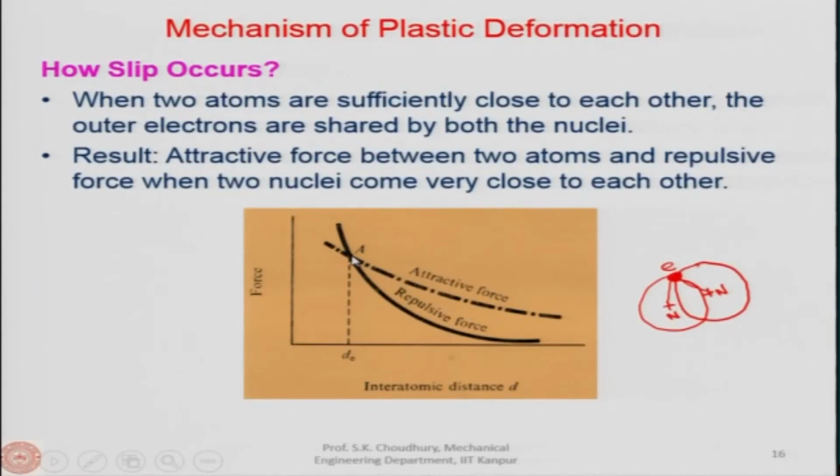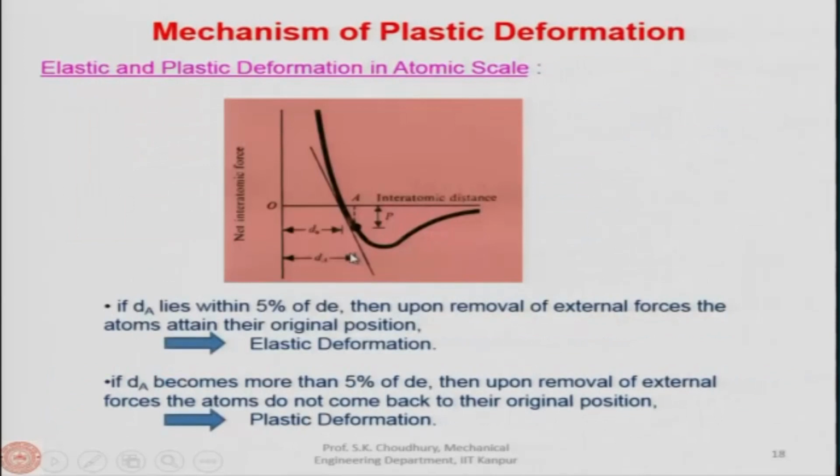The tangent will intersect here, as shown, and this is the 0 point. 0 point means at this point the attractive force and the repulsive force magnitudes will be the same. Therefore, this distance from here is called the equilibrium distance.